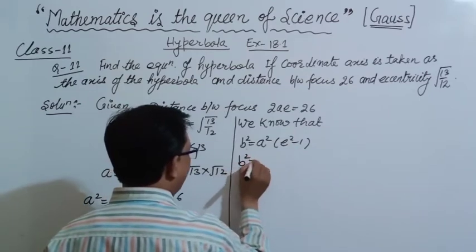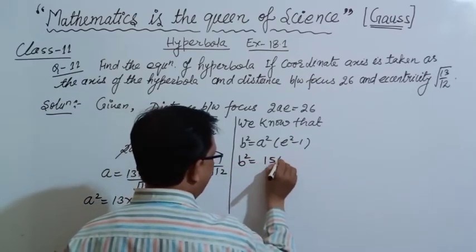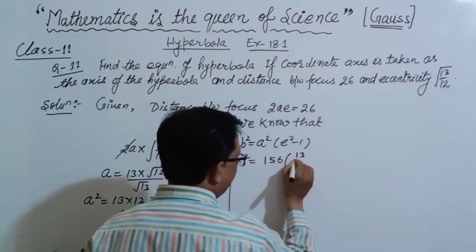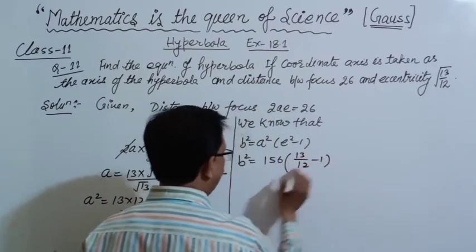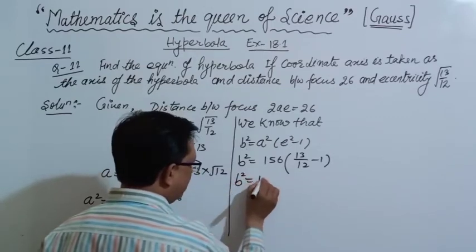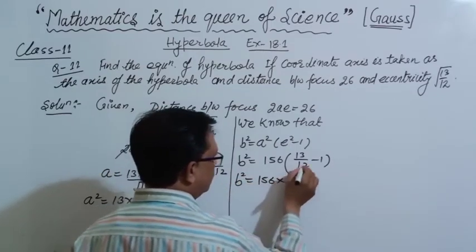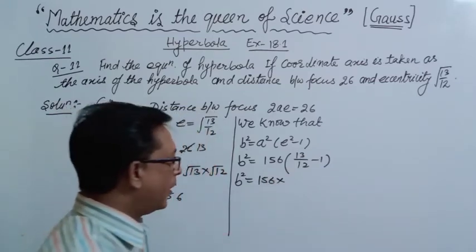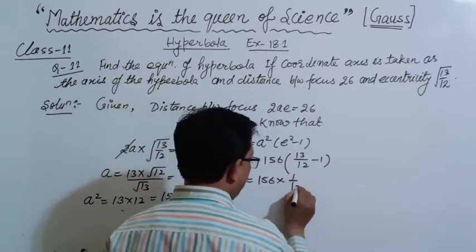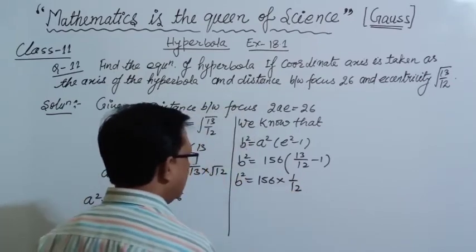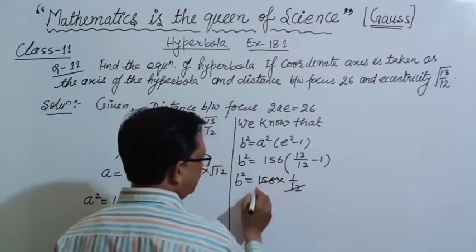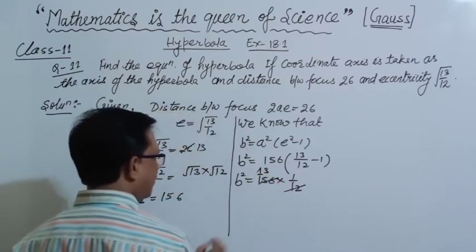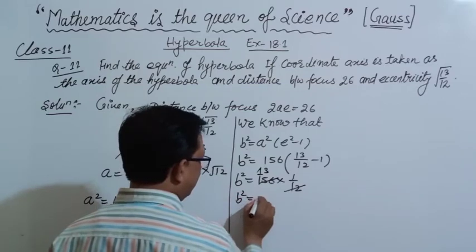So B square is equal to 156 into 13 upon 12 minus 1. So B square is equal to 156 into, 12 is subtracted from 13, so we get 1 upon 12. So this cancels out. 12 times 1 is 12, 12 times 3 is 36. So B square is equal to 13.